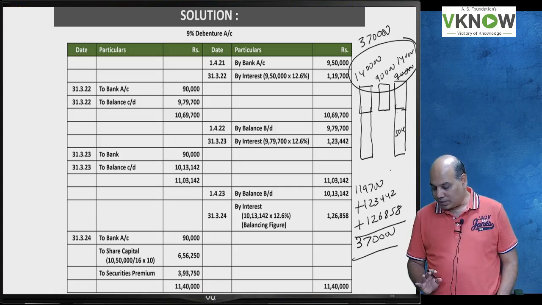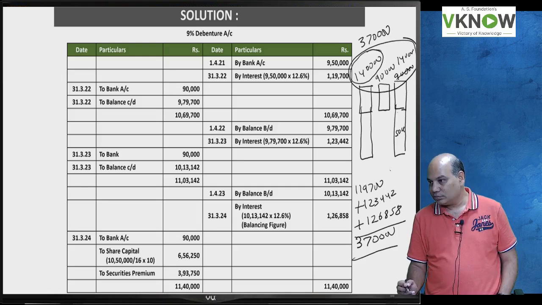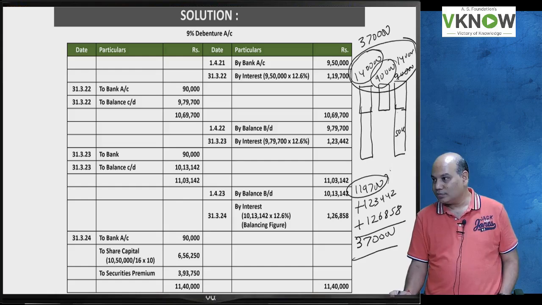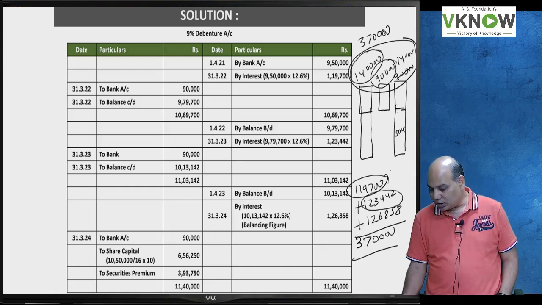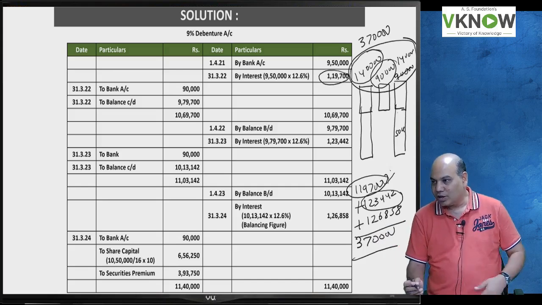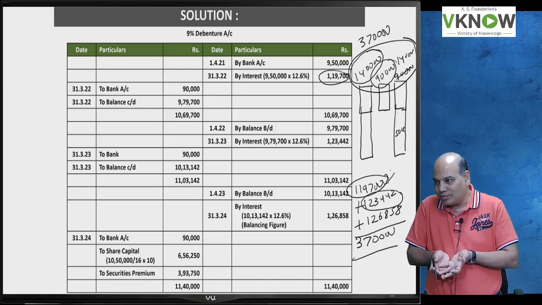The difference is tremendous. The first year gets a hit of 1,40,000, whereas we get a hit of 119,700. In the second year there is a low hit on the P&L account, whereas here we have a little higher because my liability is increasing slightly. As I said, we have borrowed 29,700 more from that party.